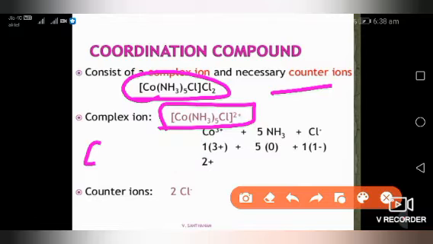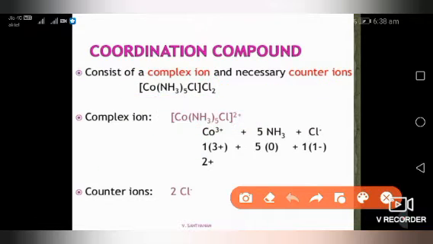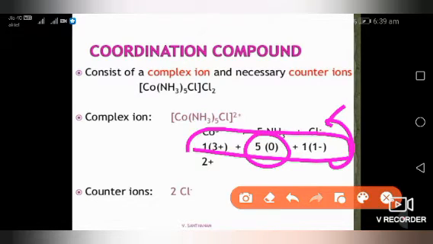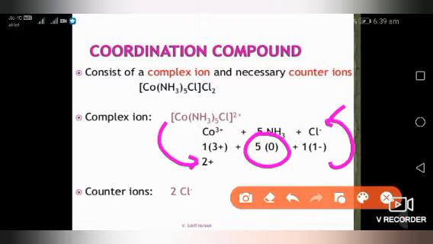Cobalt is 3 positive, in which 5 amines are attached as ligands. The oxidation number of ammonia is 0, amine is 0, and the valency of chlorine is -1. Secondary valency always has the actual valency, but the primary valency is something that we need to learn. So when we calculate its oxidation number, it will come to +2. It means that +2 is the oxidation number of this complex, with the counter ion outside.